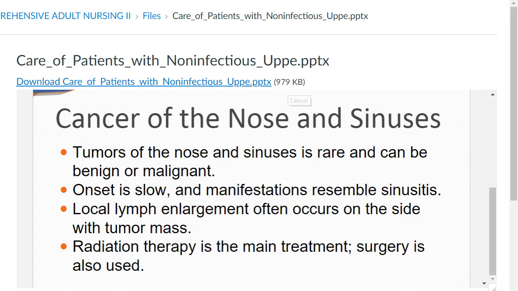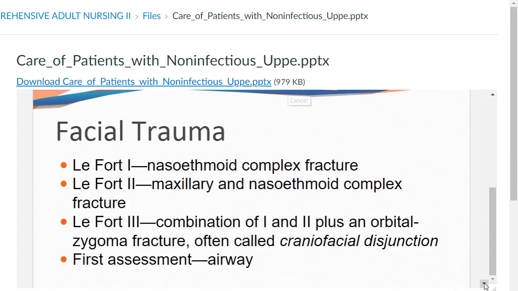Treatment is radiation, but they will try to surgically remove the tumor. Just depends on the tumor size and exactly where it is located, okay? Like I said, these are rare types of cancers, and we see it in people probably that have more exposure to irritants, and obviously people who smoke cigarettes.